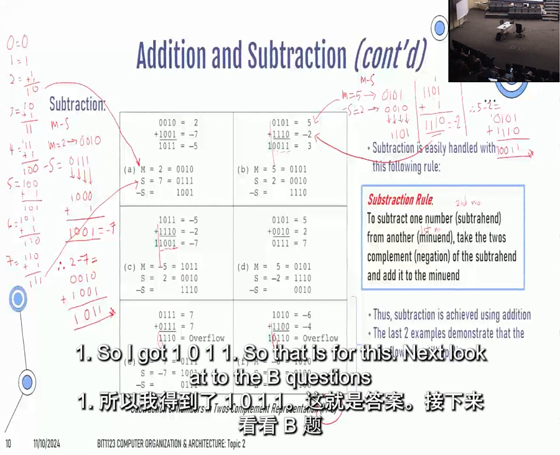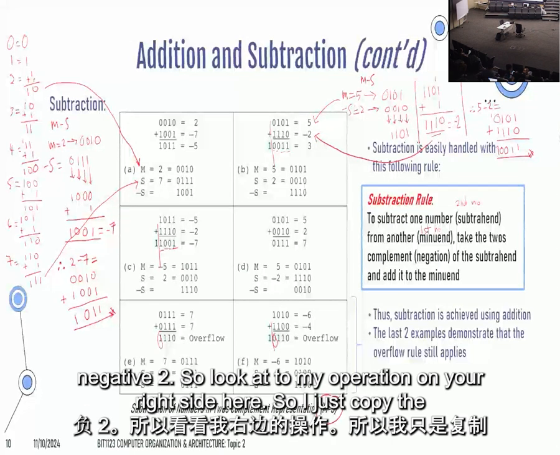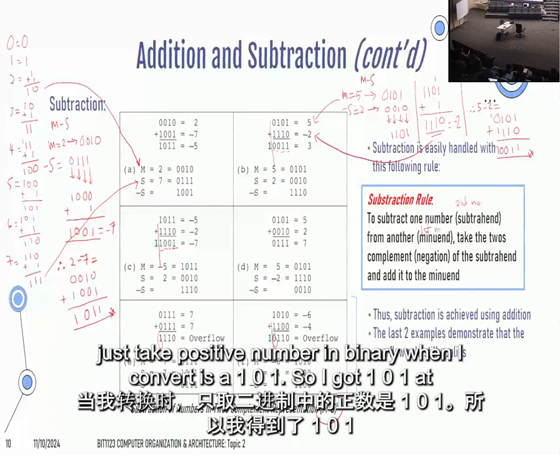Next, look at the B question. In this case, the minuend is 5, and the second number is negative 2. So look at my operation on your right side here. I just copy the formula M minus S at the top. M is 5, a positive number. I just take the positive number in binary.